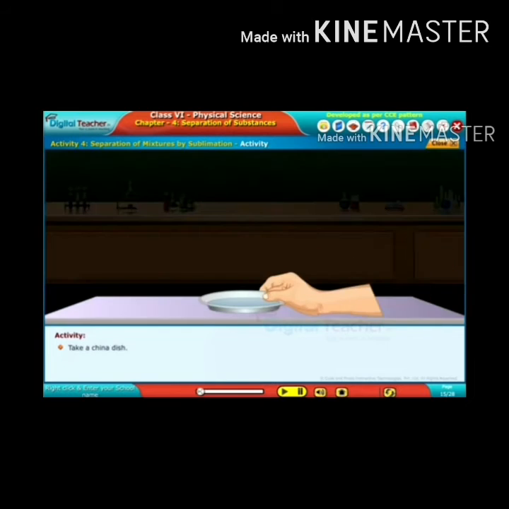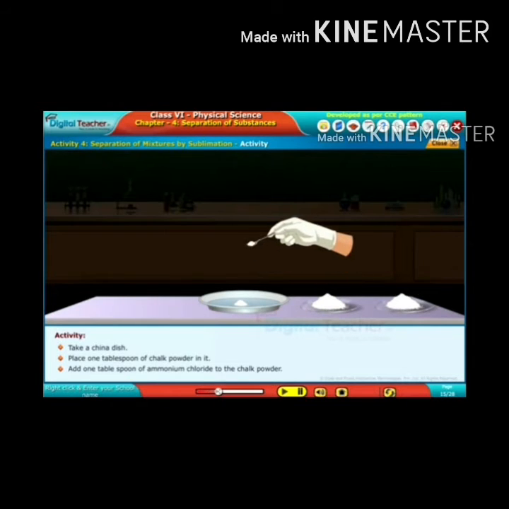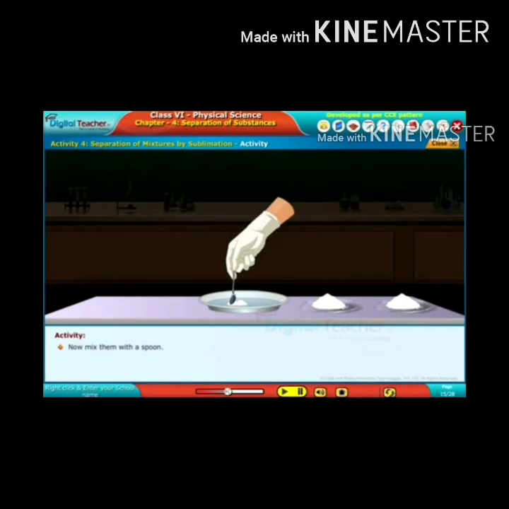Let us see the activity. Take a china dish. Then take 1 spoonful of chalk powder and 1 spoonful of ammonium chloride in the china dish. Mix it well.